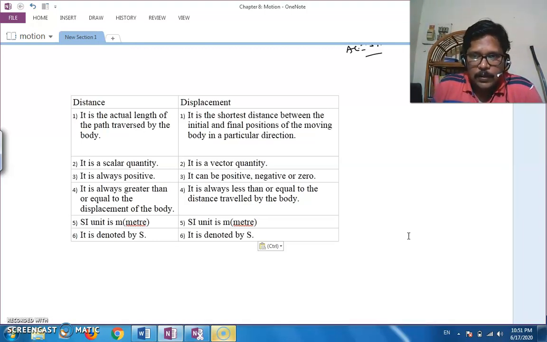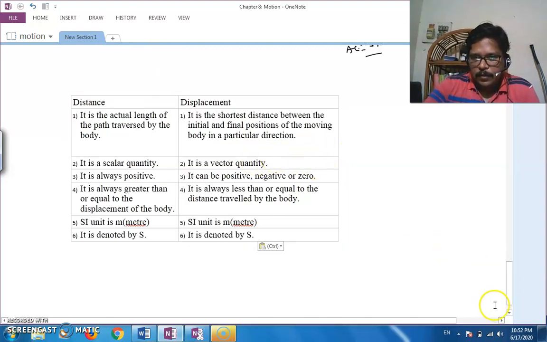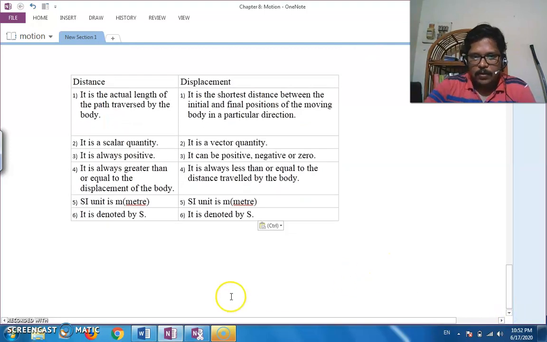Distance is always positive, displacement can be positive, negative or zero. Distance is always greater than or equal to displacement in one case, otherwise displacement will be most of the time less than distance. The SI unit for both is meter, and both of them are for now represented by capital S. When we are doing the numericals, we are going to put it as capital S.